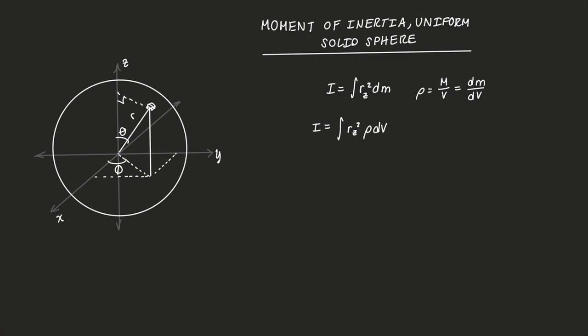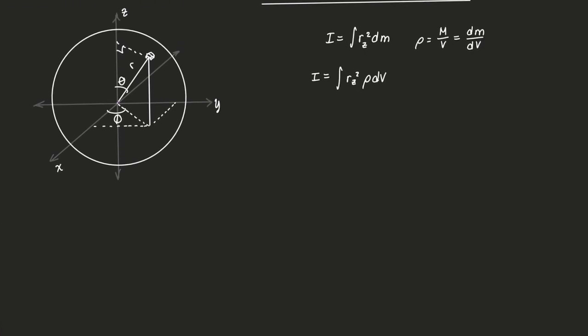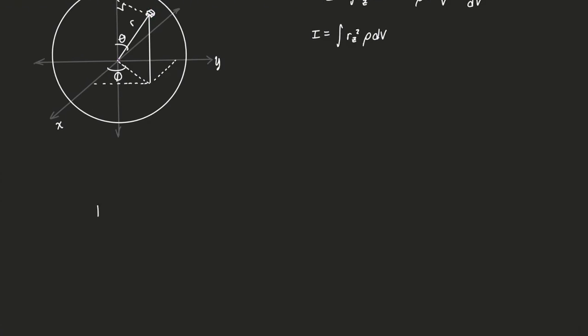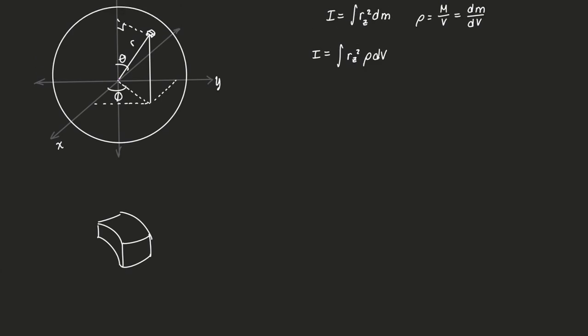And so the next step is to think about what this dv element means. So it's a tiny little volume element. If I come down here and redraw this element, we're going to get something that resembles this sort of shape. So this is a tiny little piece of a spherical shell that is part of this sphere.